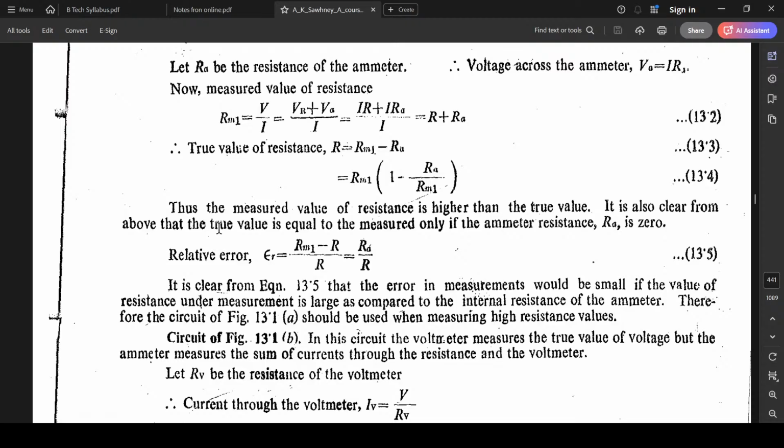So the relative error is the measured minus what it should be. Let's say it's giving 0.1 ohm and it should be 1 ohm. So that is the relative one.